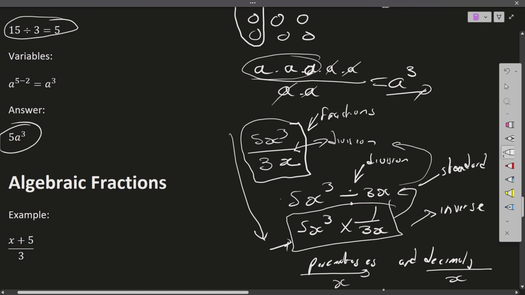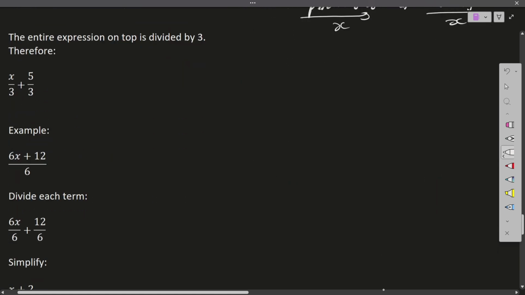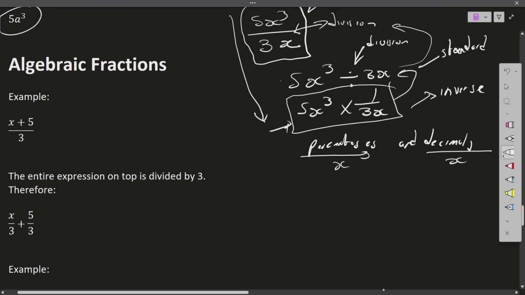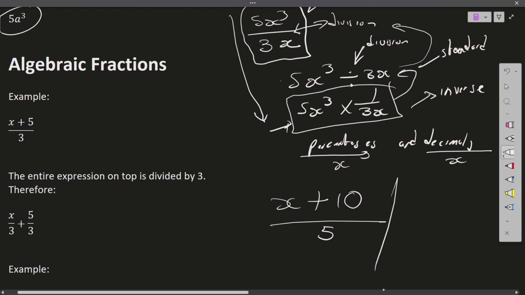Okay, so let's get into algebraic fractions. So what do I mean when I say algebraic fractions? Let's say we had x plus 10 divided by 5. So this right here, let's rewind way back to the 3rd grade, or maybe you learned this late in 5th grade.